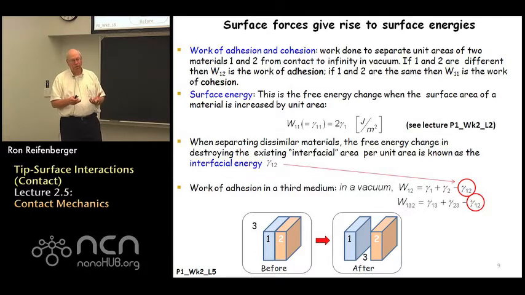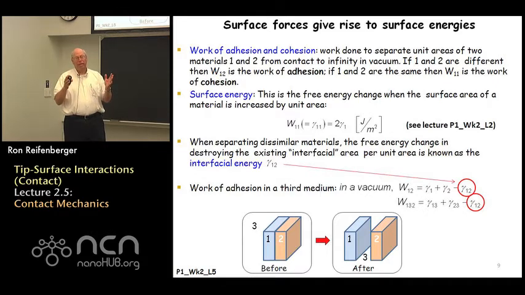If you'll recall, these surface energies were described by this parameter gamma, and we discussed the work required to separate two surfaces from one another. So if the materials are identical, the work required to separate them is just twice the surface energy per unit area, 2 times gamma 1.